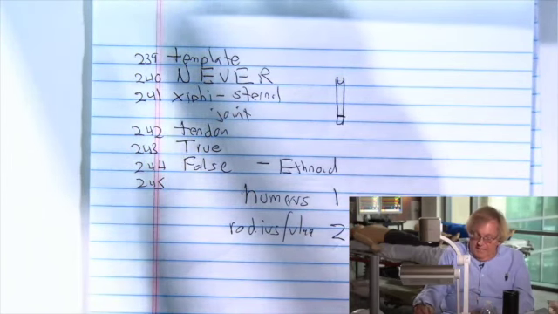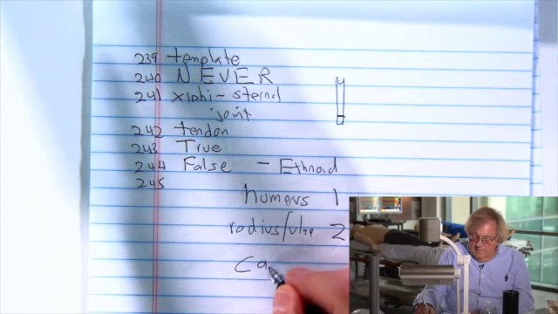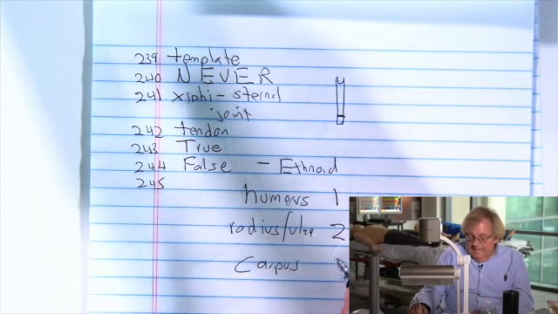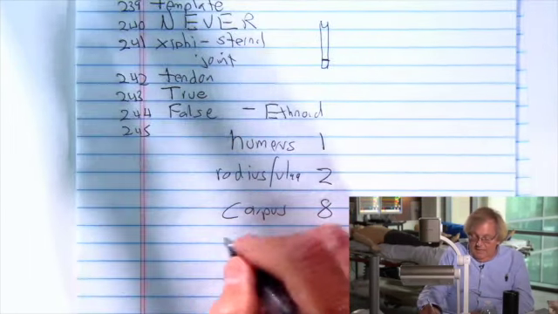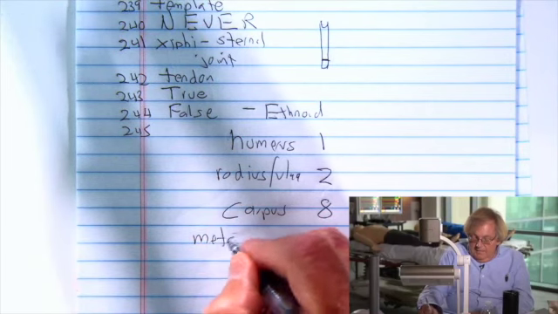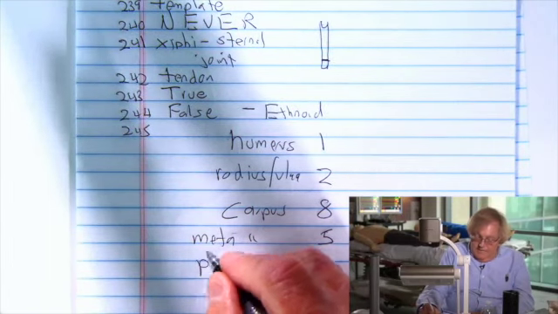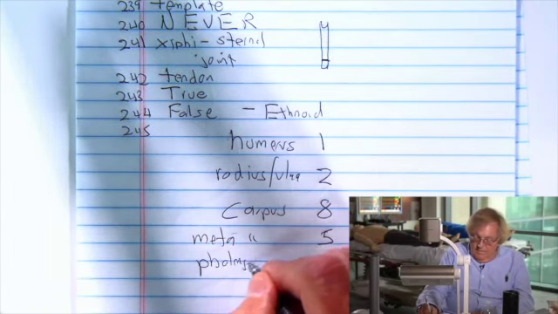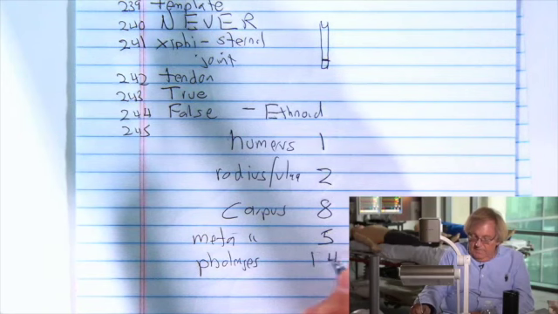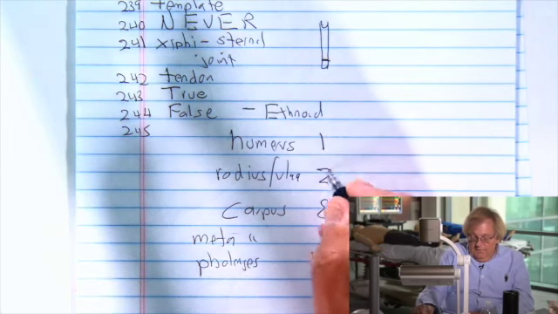Below that, I've got the carpus, or the wrist, and that's 8. Below that, I've got the metacarpus, and that's 5. That's the palm. Below that, I've got the phalanges, and that's 14. So 14 and 5 is 19, and 8 is 27, 29, 30.